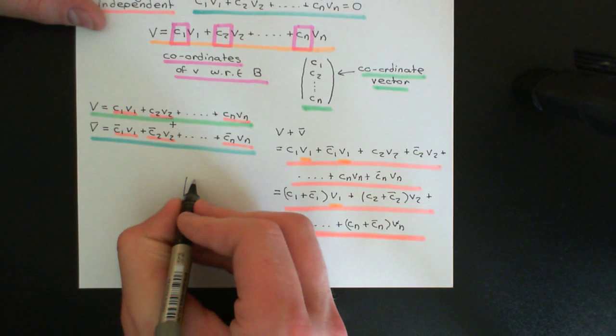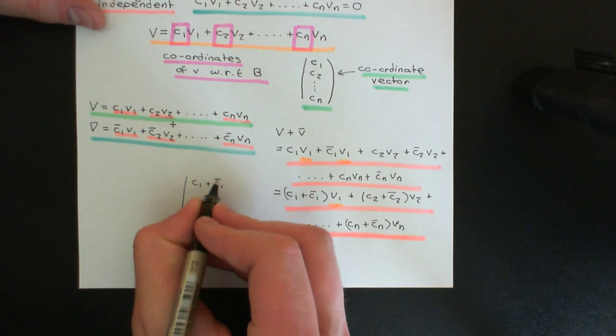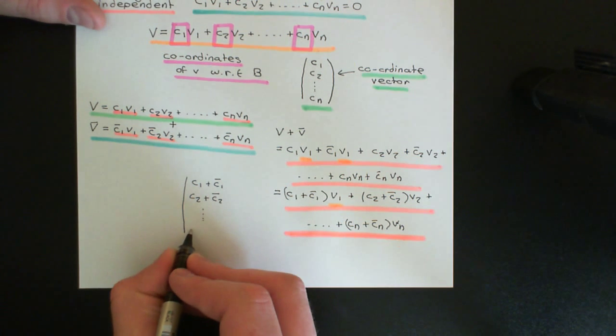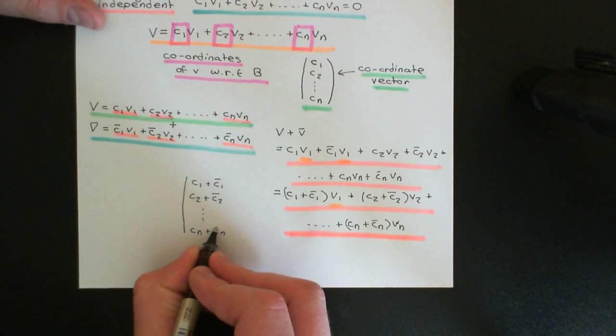Its coordinate vector would be c1 plus c1 bar, c2 plus c2 bar, all the way down to cn plus cn bar.